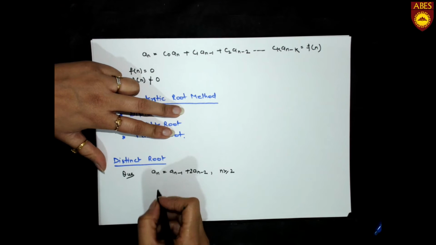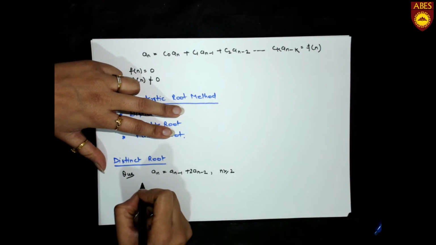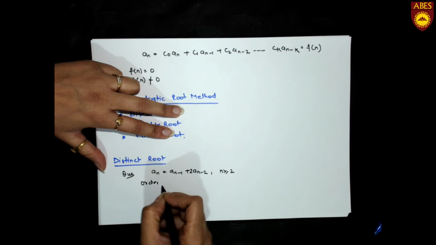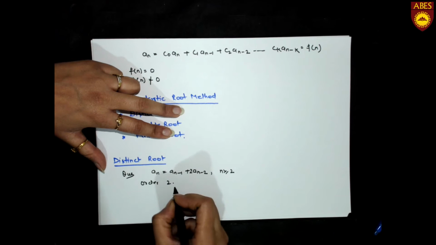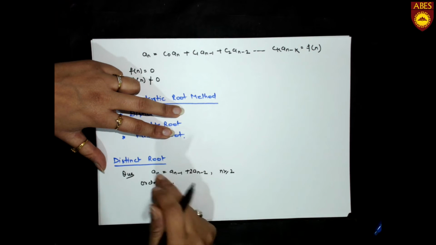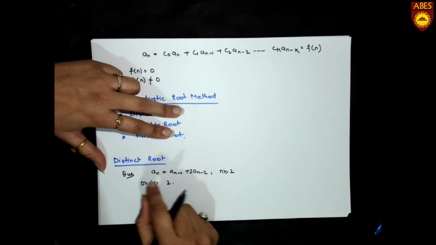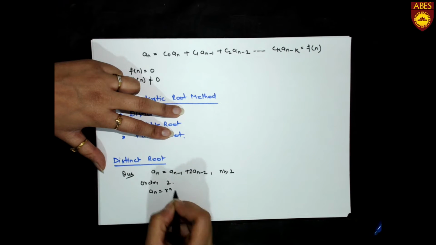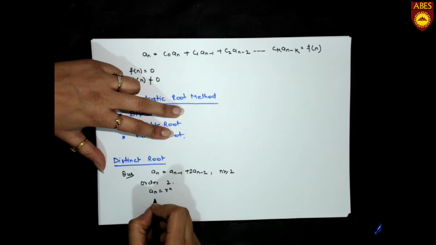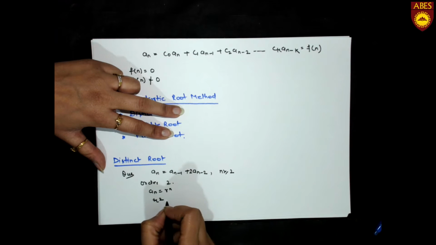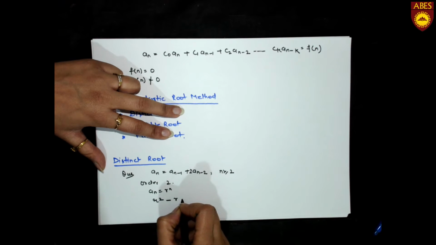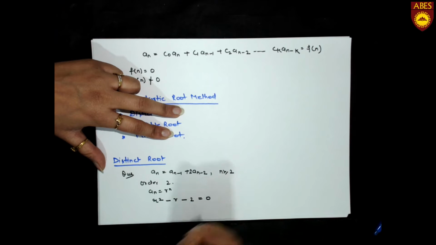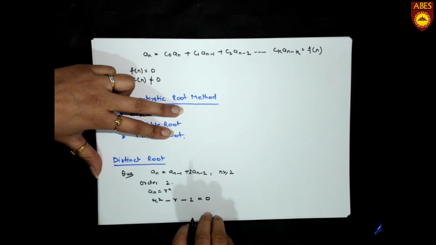Here the order of the recurrence relation is 2. Basically the order is the difference between the highest and lowest term. So we will substitute an is equal to r to the power n. Then your equation will become r square minus r minus 2 is equal to 0.